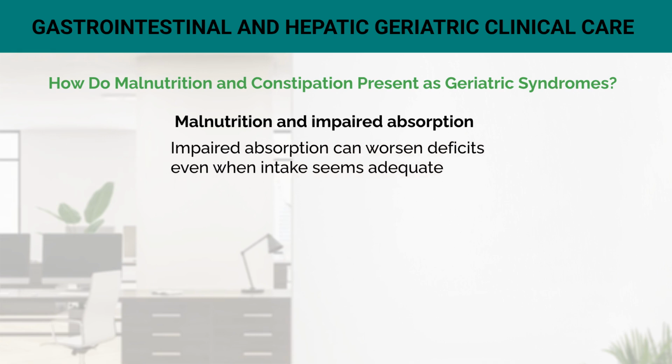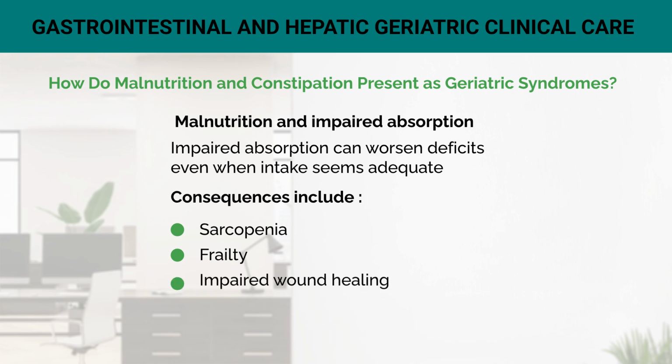Impaired absorption can worsen deficits even when intake seems adequate. Consequences include sarcopenia, frailty, impaired wound healing, immune dysfunction, and increased mortality. So, malnutrition should trigger urgent assessment and action.